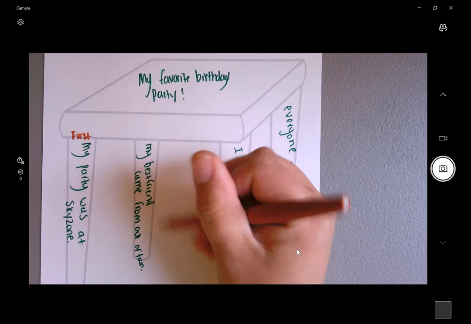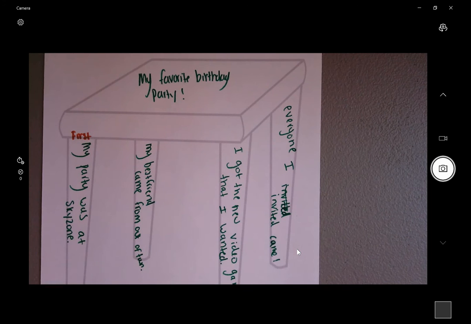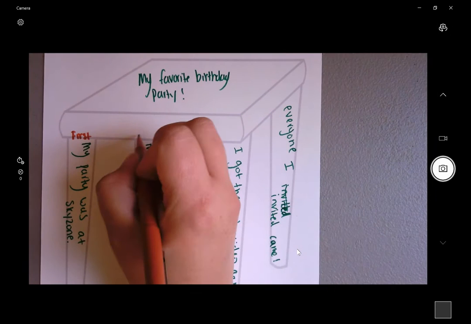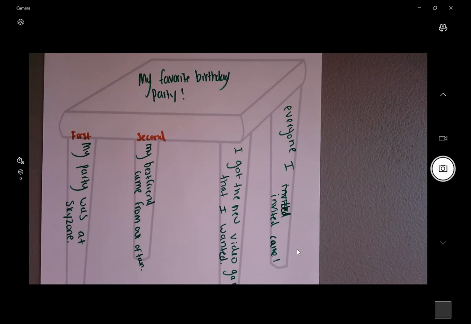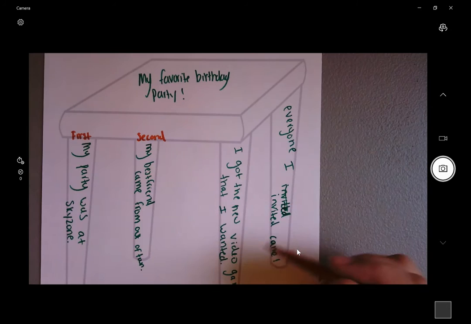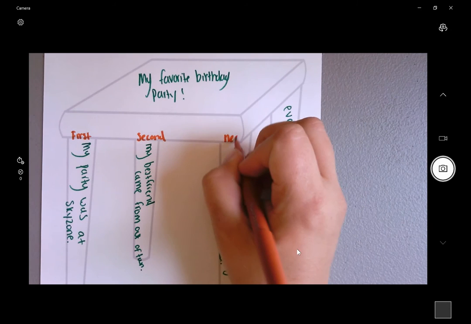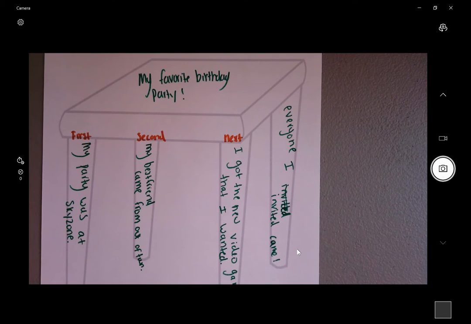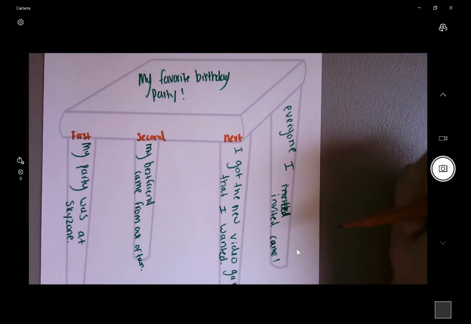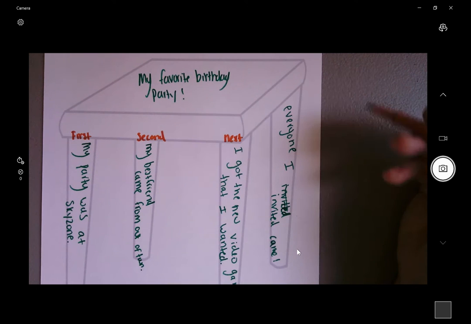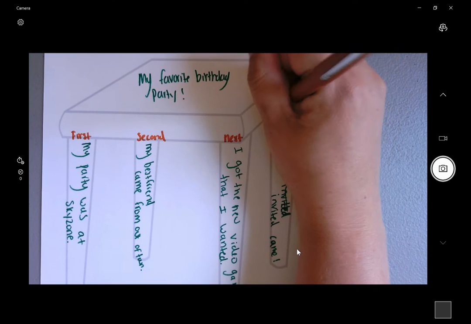If this was the second reason why it's my favorite birthday party ever, I could use the transition word second. Another one that we can use if we have another detail is next. And then for our last one, you can use the word finally.